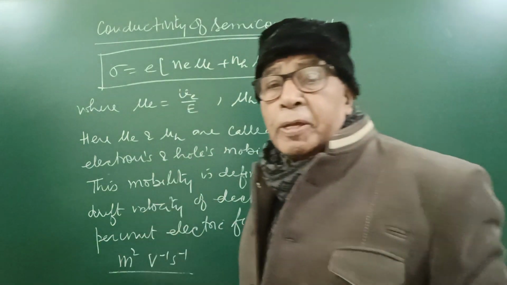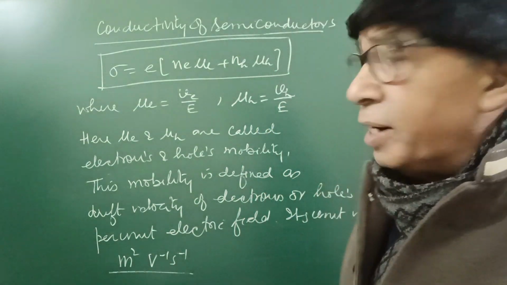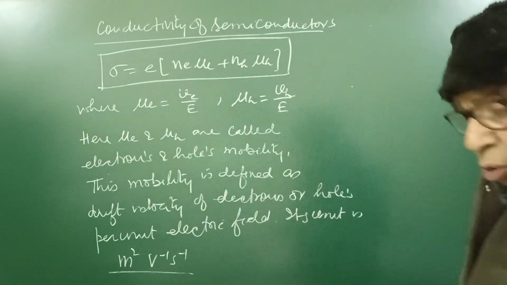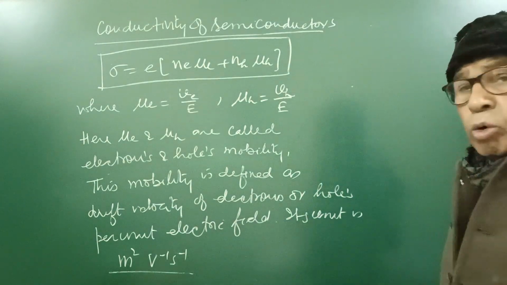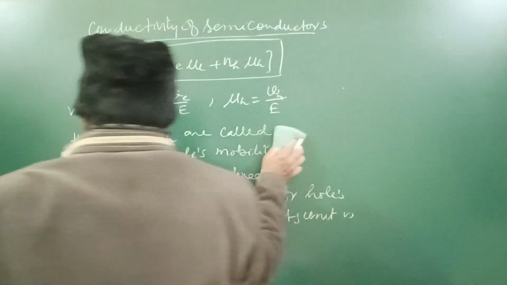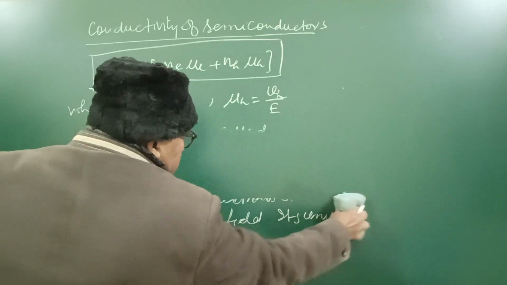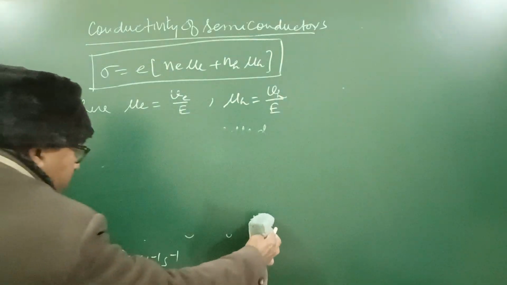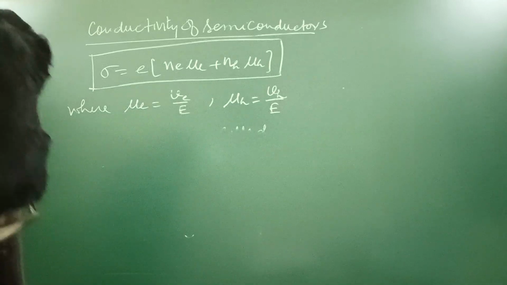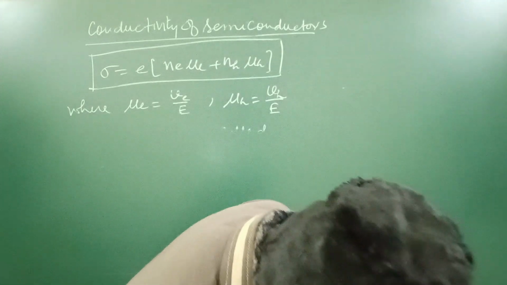So from this we find that the conductivity of a semiconductor depends on the concentration of electrons and holes and their mobility.